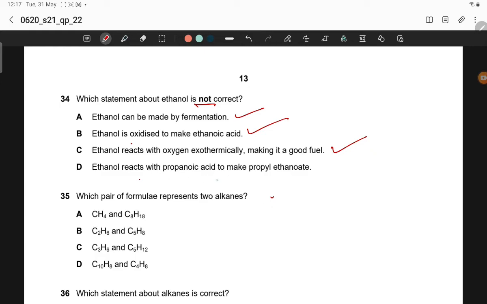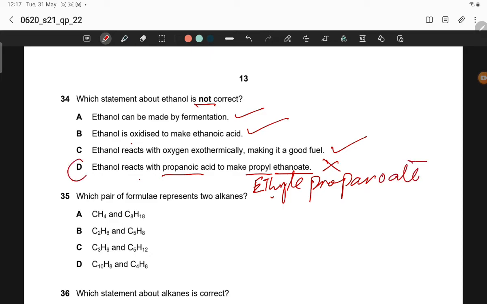Ethanol reacts with propanoic acid to make propyl ethanoate. This compound is not correct. Ethanol with propanoic acid gives ethyl propanoate. So D must be correct.